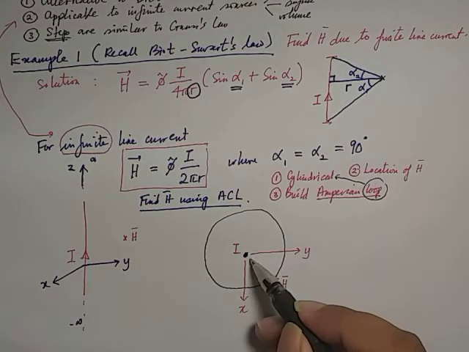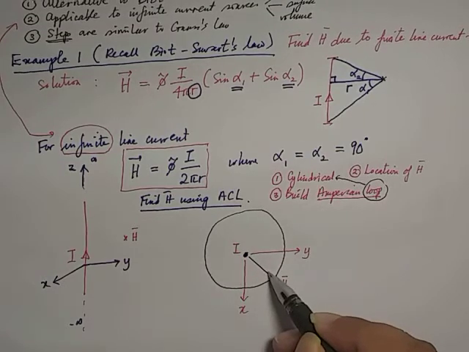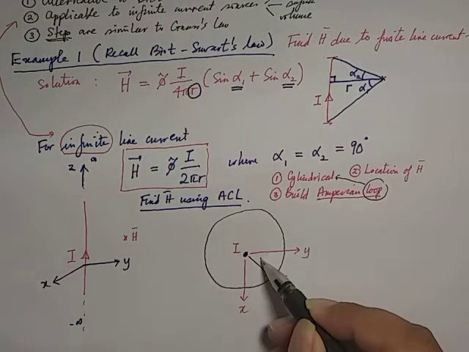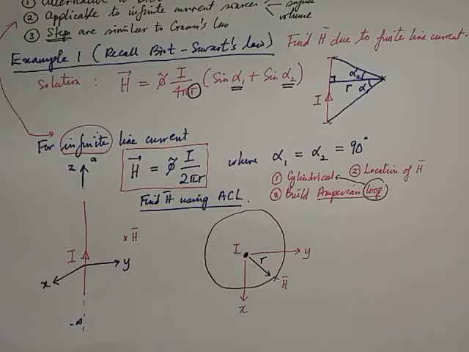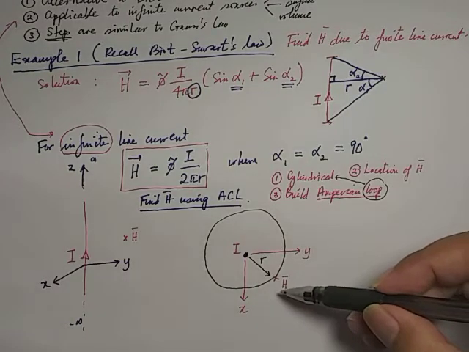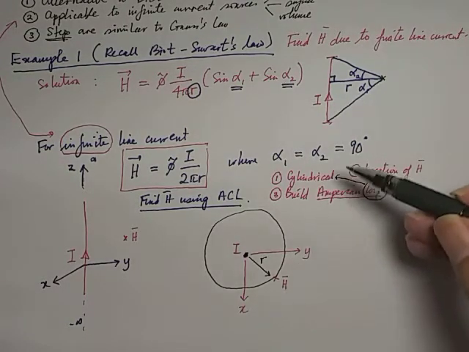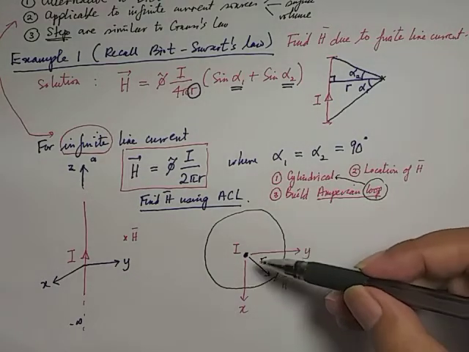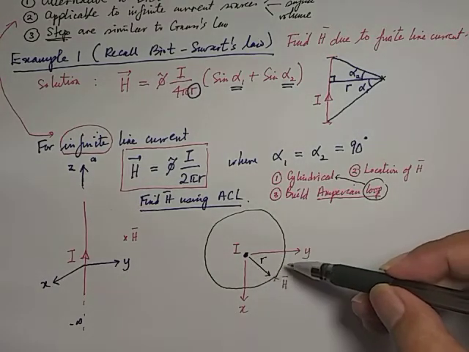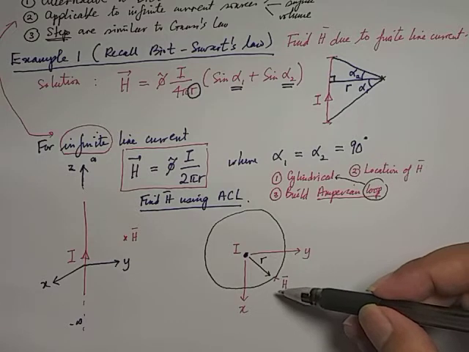And I'm going to determine that the radius of the loop is given as R. General representation. Why? Because this point H is not fixed. It can be anywhere surrounding our current source. Therefore, the loop will always follow the position of H.